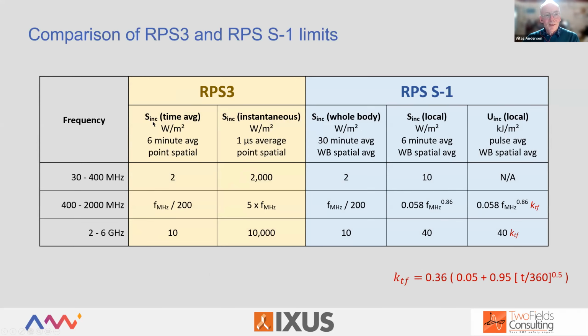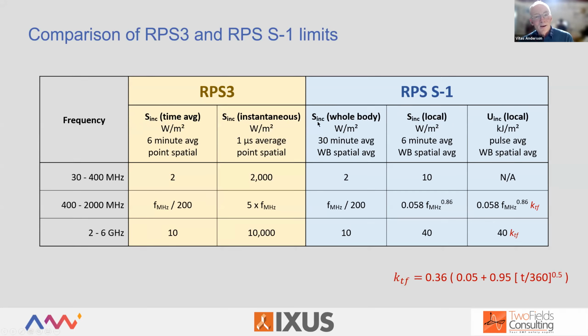Starting at the top of the table, one thing you'll notice straight away is that whereas the RPS 3 had 2 power density or EH&S limits, the RPS S-1 has 3. So you have a whole body limit, which is essentially equivalent to the time averaging limit of the RPS 3. But you also have a local limit. And then on top of that, you have a local instantaneous energy density limit.